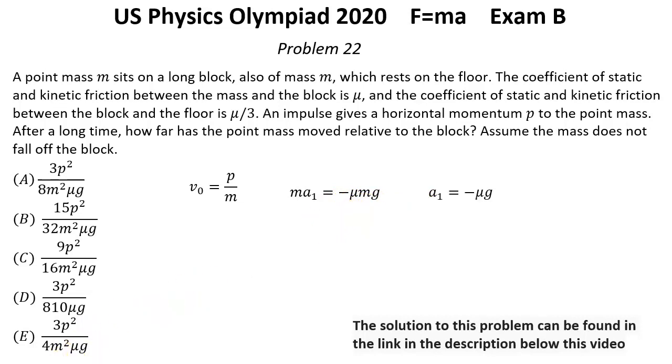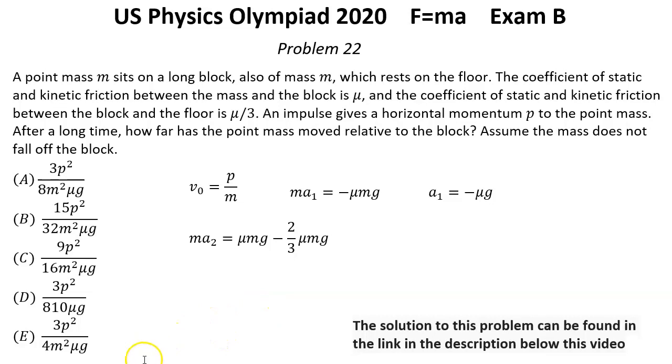Second, let's find the acceleration of the block on the floor. We can find this from the equation m a2 equal mu mg, which is the force of friction between the point mass and the block, minus 2/3 mu mg, which is the force of friction between the block and the floor.